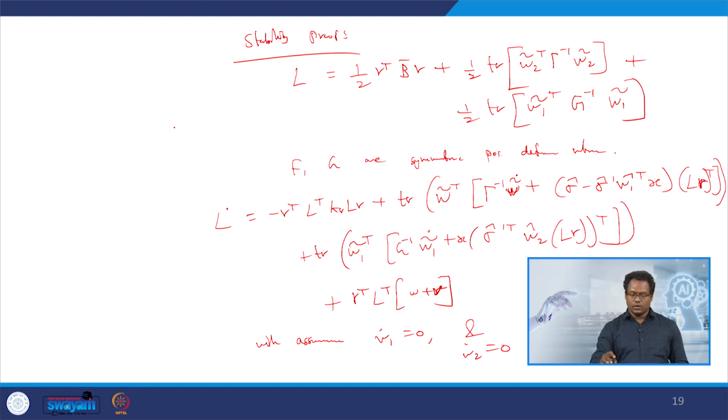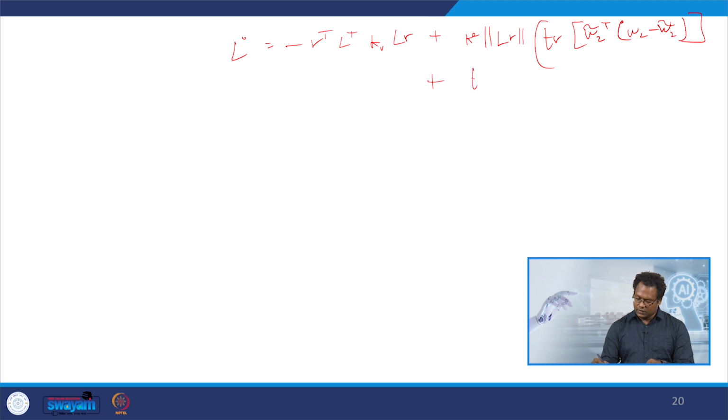Now, we get L dot given by minus R transpose L transpose kV into LR plus kappa multiplied by the norm of LR multiplied by trace of W2 tilde transpose into W2 minus W2 tilde plus trace of W1 tilde transpose into W1 minus W1 tilde plus R transpose L transpose multiplied by W plus V. Okay.